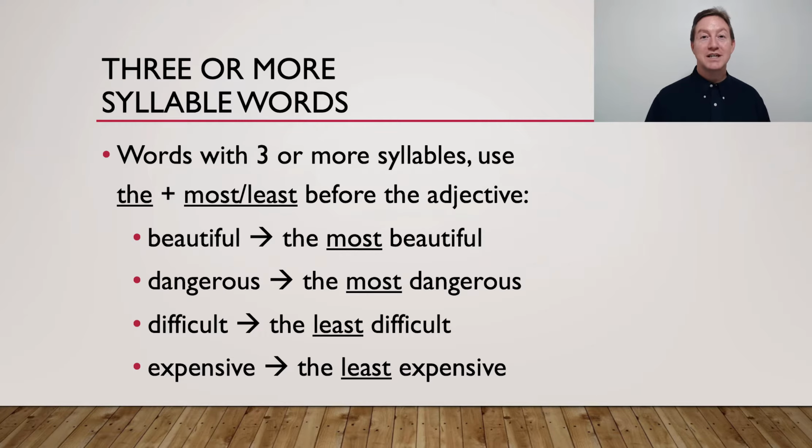The rose in the garden is the most beautiful flower. Dangerous becomes the most dangerous. Difficult becomes the least difficult. And expensive becomes the most expensive or the least expensive. This car is the least expensive car at this dealership.